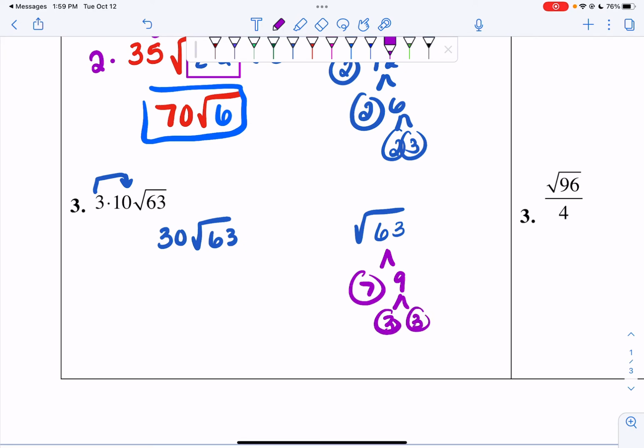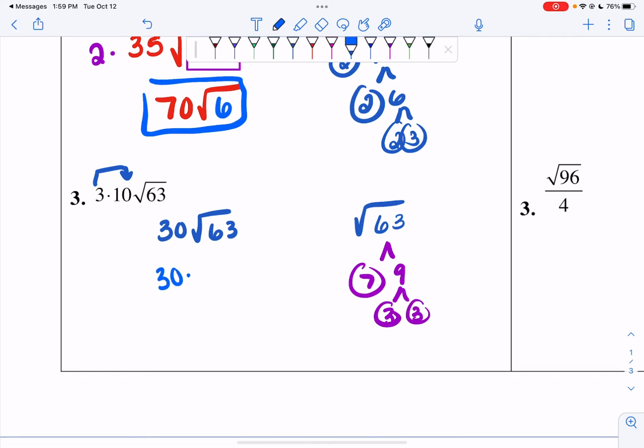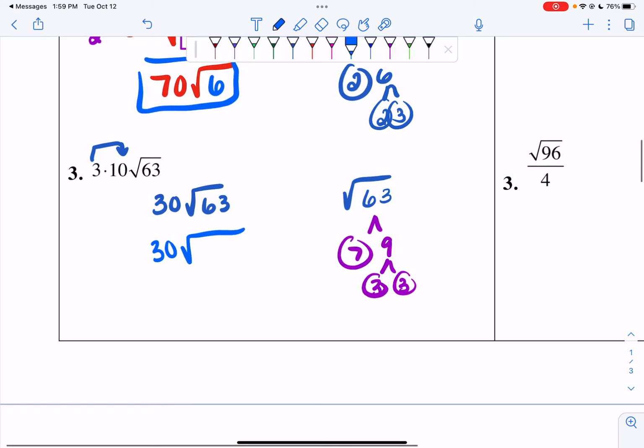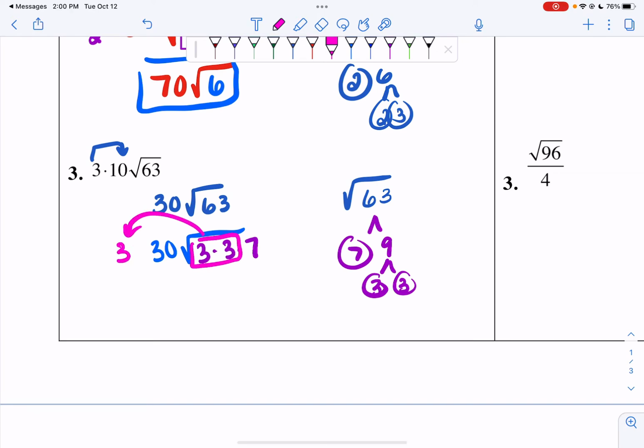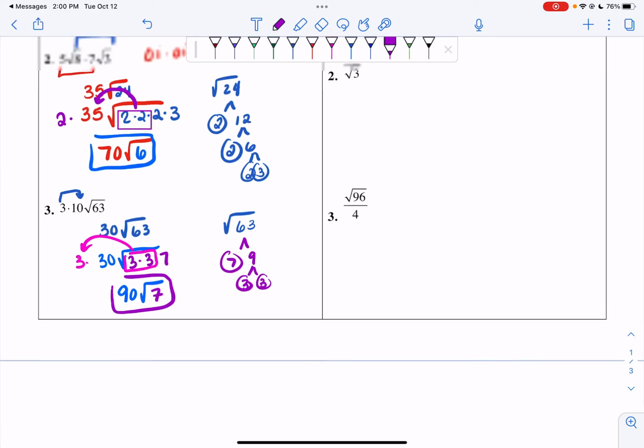So this becomes 30 radical, two 3s and a 7. Do I have any doubles? Yes, I have a double 3. So I bring that 3 on the outside, and I do 3 times 30, which is 90. And what's left over is my radical 7. So my final answer is 90 radical 7.